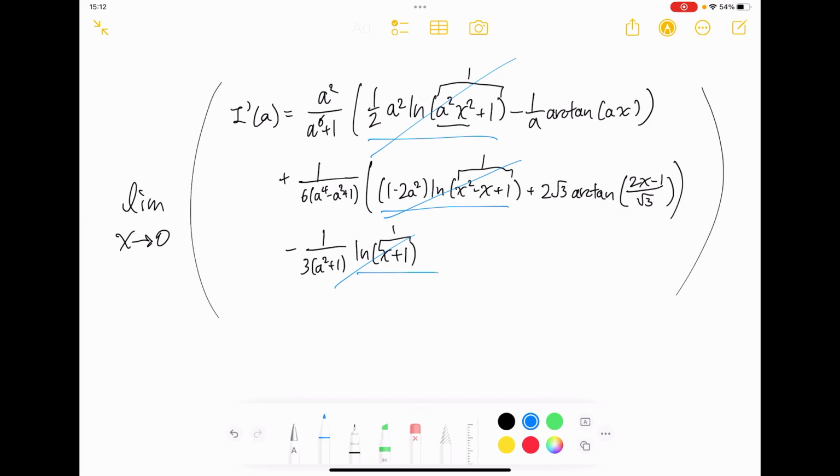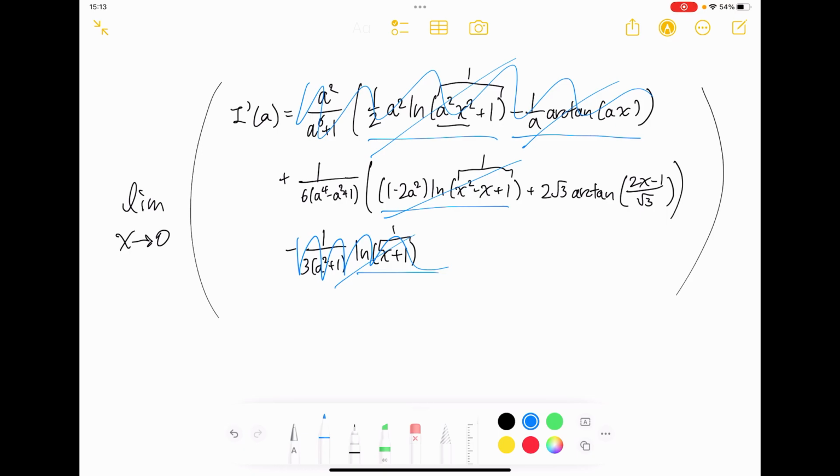And now let's take a look at this part, right? If you set x equals 0, then ax is 0, but inverse tangent of 0 is also 0. So this goes as well. And then this entire term is just non-existent now. And the same with this, actually, because the ln bit's already 0.